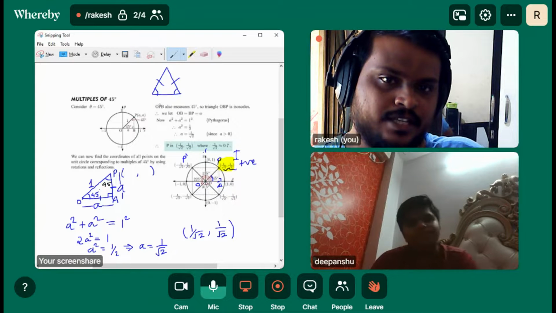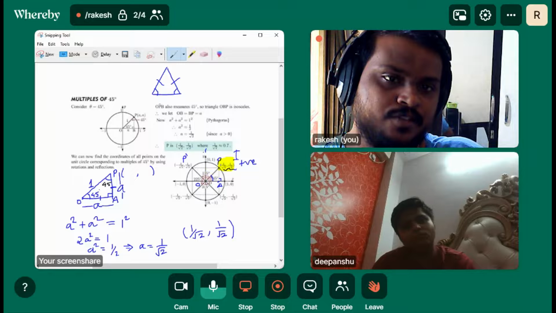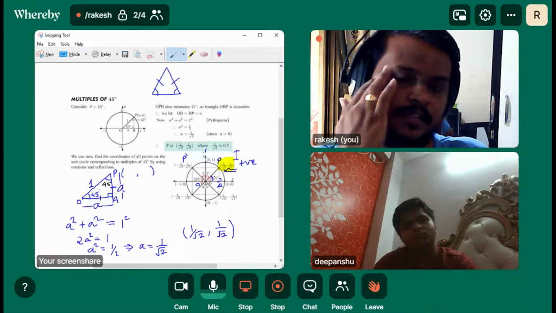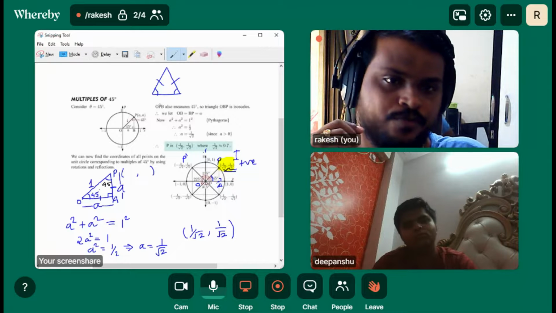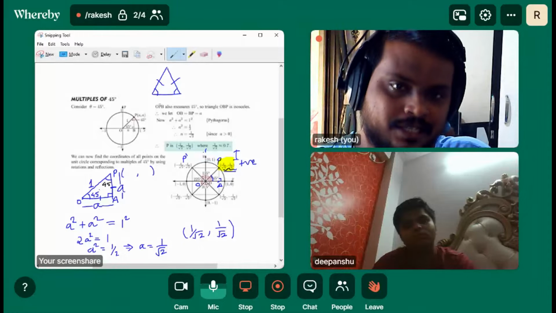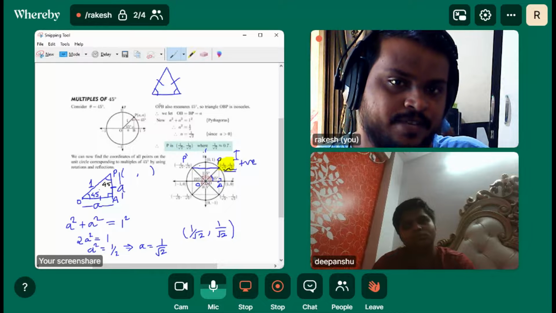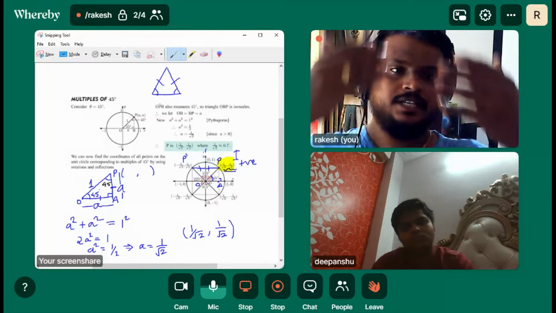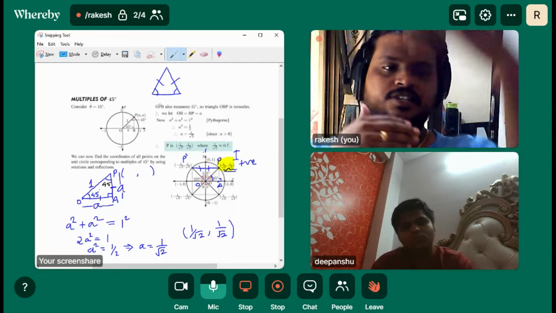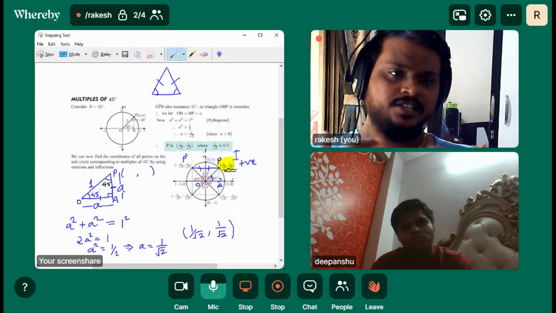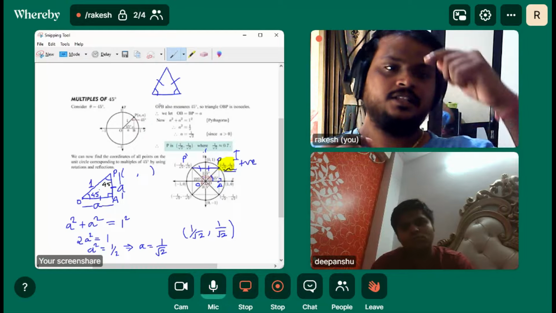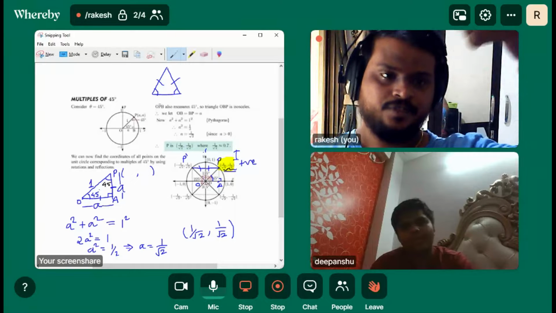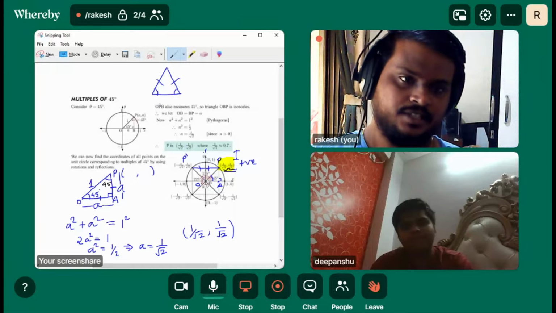So you can see that this P prime is mirror image of point P. We already found the coordinate of point P, which is 1 over root 2 comma 1 over root 2. Mirror image means the distance from the mirror is going to be same. When we see ourselves in mirror, our distance from the mirror is same as the distance of the mirror image from the mirror.